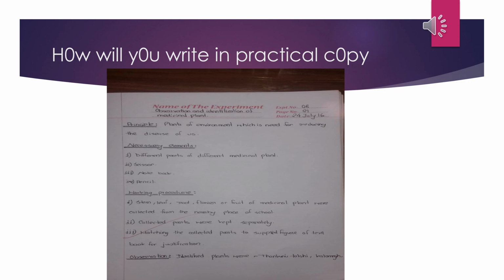In the name of the experiment section, the student writes the name of his required experiment, and in the experiment number section, the student writes the number of his experiment. In the page number section, the student writes the page number, and in the date section, the student writes the date when he or she conducted the experiment. The whole page is written by the student with the principle, necessary elements, working procedure and observation, and the whole experiment is written with a black color pen, which is very appreciable.